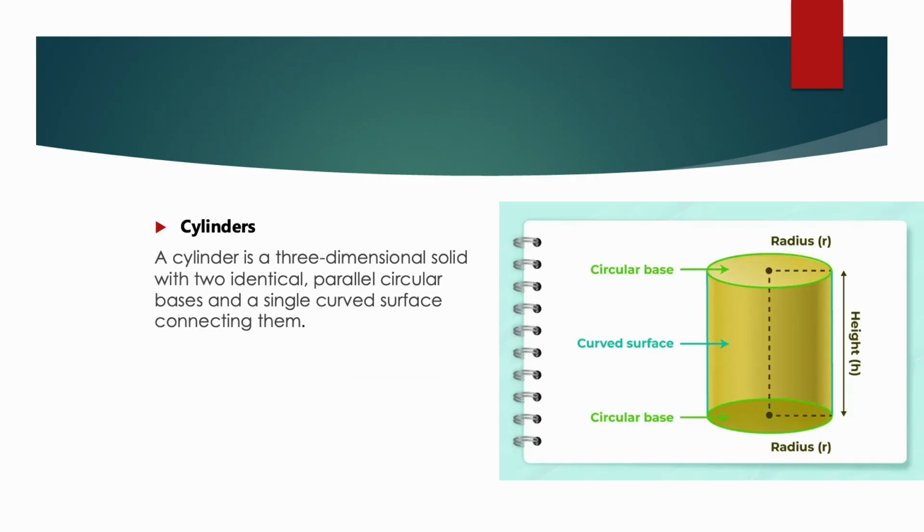A cylinder is also a three-dimensional solid that has two identical circular bases. Right here you see the circular base of the top, the circular base of the bottom, and those two are exactly the same, and there's one single curved surface connecting them.